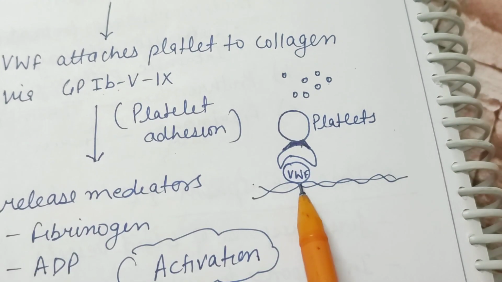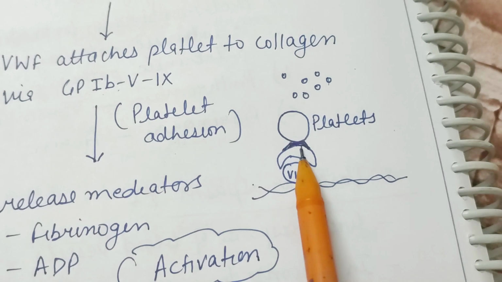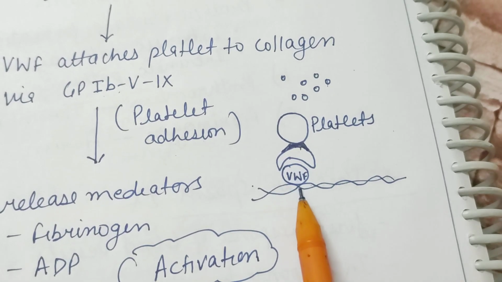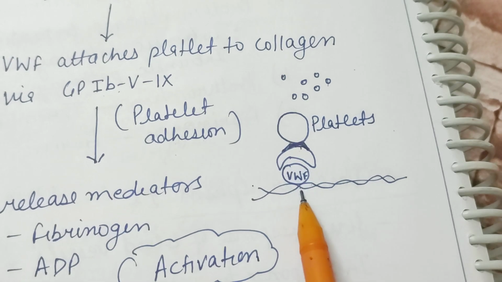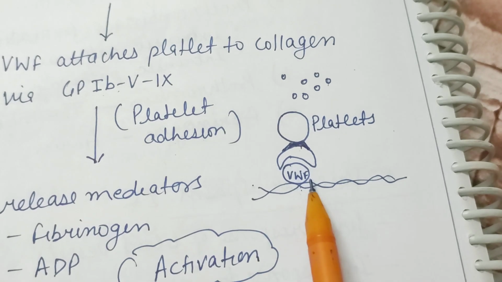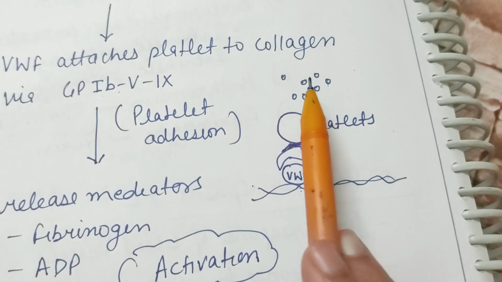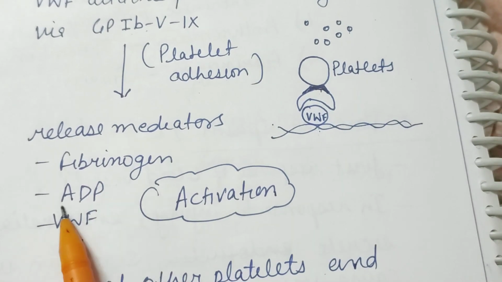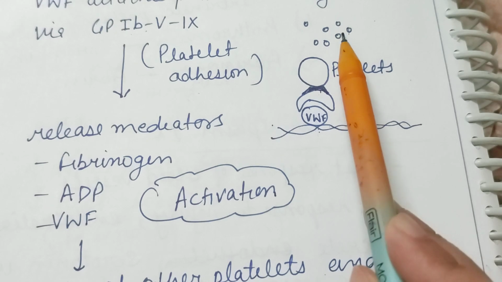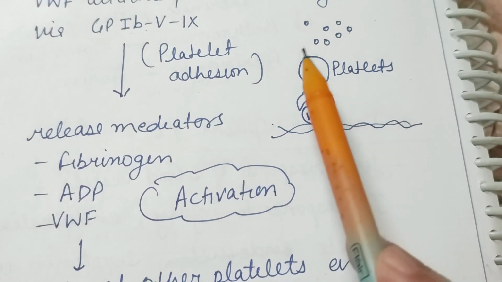So basically VWF attaches collagen and platelet together, so platelets are adhering to the collagen now. This process is called platelet adhesion. Once platelets adhere to the collagen, they release some mediators which can be fibrinogen, ADP and VWF itself. This release of mediators is called platelet activation.